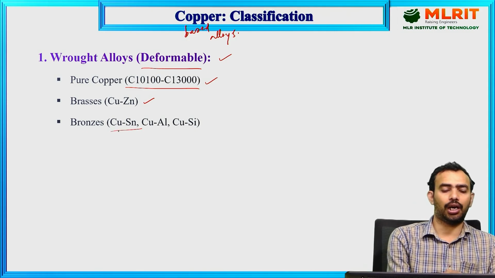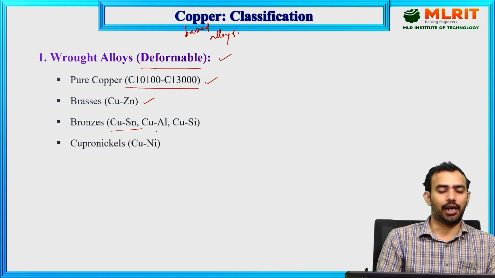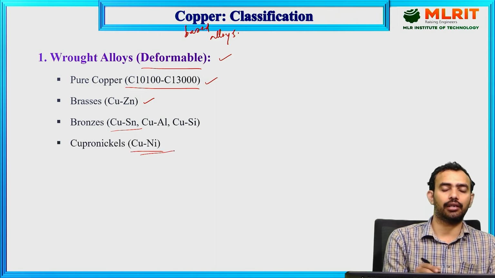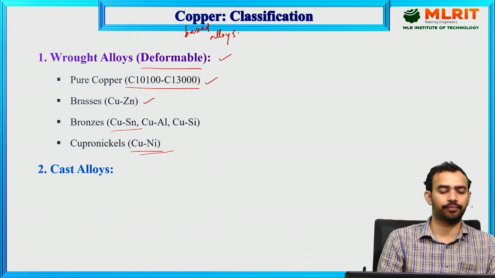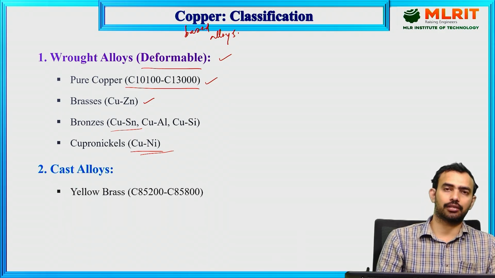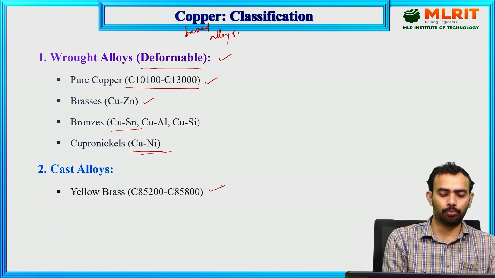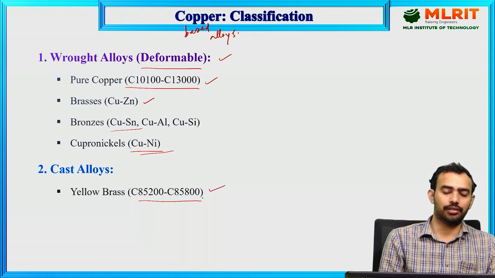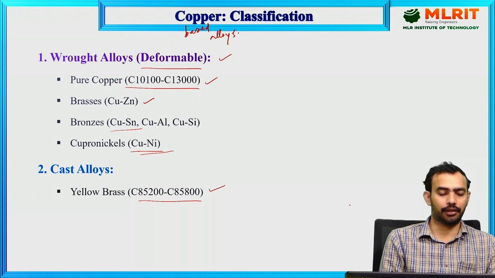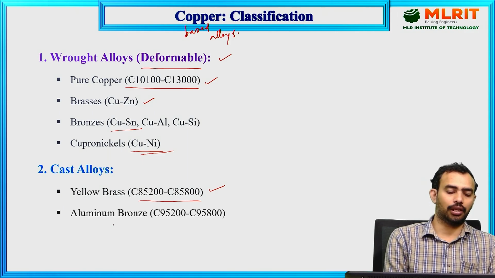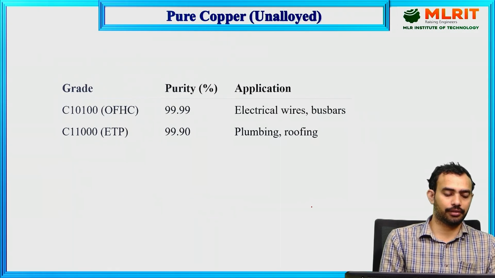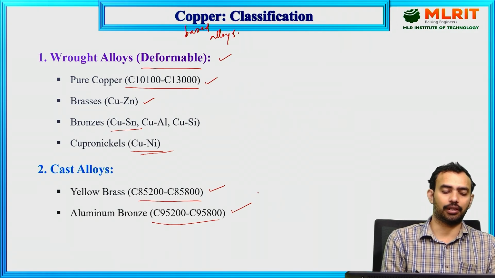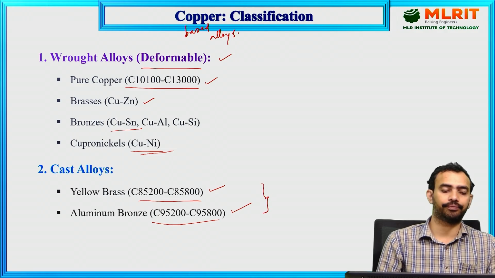Then we have cupronickel, copper and nickel. All these are wrought alloys, which are deformable. Then we have cast alloys, in which you have yellow brass, with the series C85200 to C85800. Then we have aluminum bronze, which is the C95200 to C95800 series. These are the two primary cast alloys.